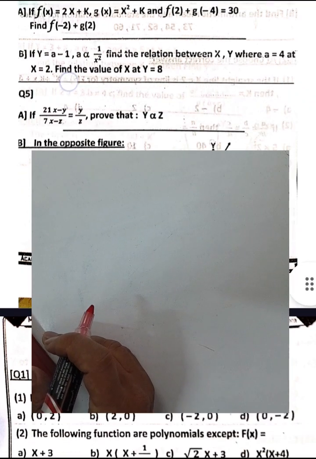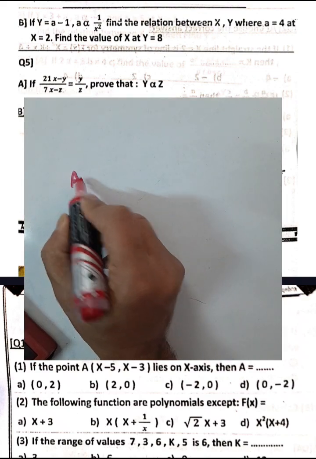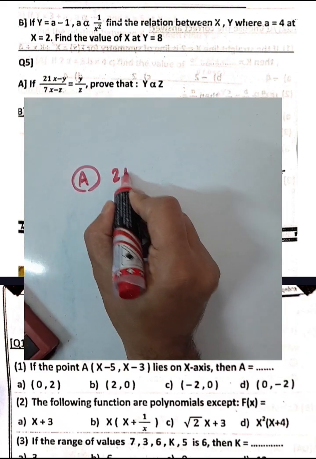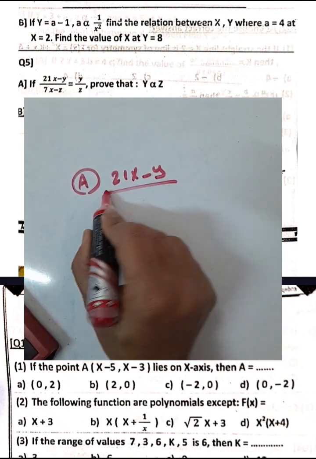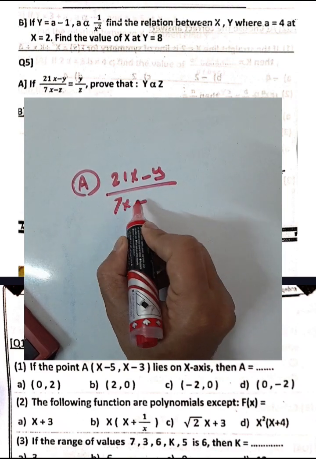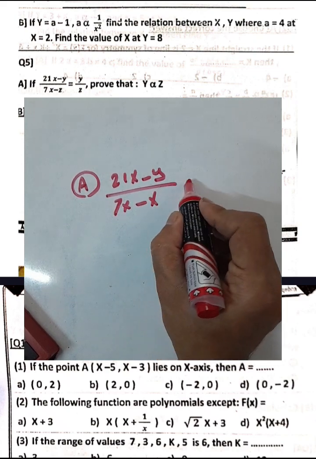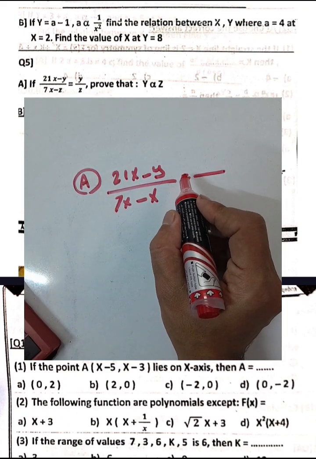Question number 5, letter A. (21x) subtract by y over 7x minus x equals y over z.